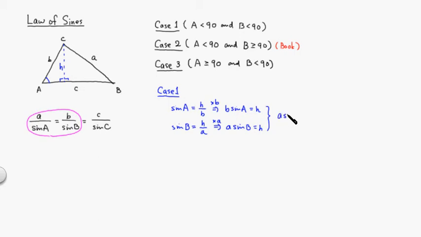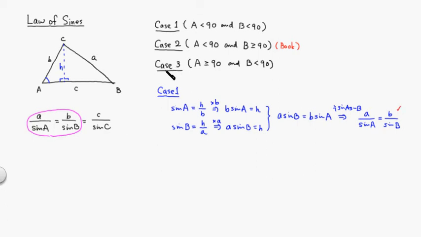So a sine B is equal to b sine A. Then we can just divide through by sine of A and sine of B. Sine of B cancels out on one side and sine of A cancels on the other, so you have a over sine of A is equal to b over sine of B. So we establish that equality there. That's case 1.